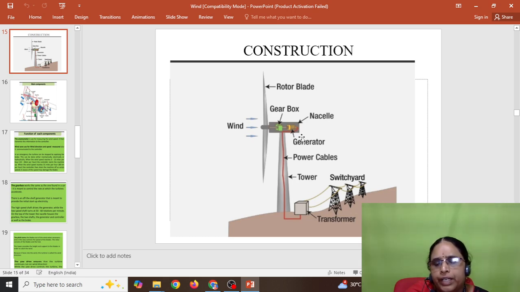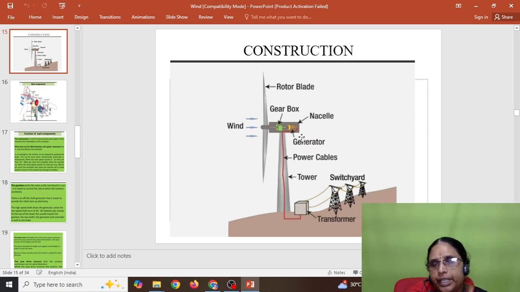We have seen some of the components: the controller, which is used to control the yaw motor, the wind vane, the pitch, and the anemometer, which is used to measure the wind speed. And we have the brake system, that is the electrical or mechanical brake system.